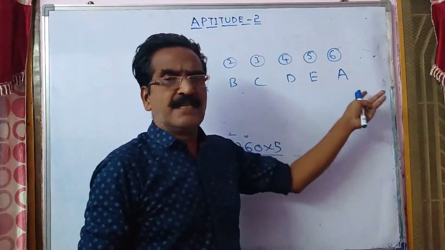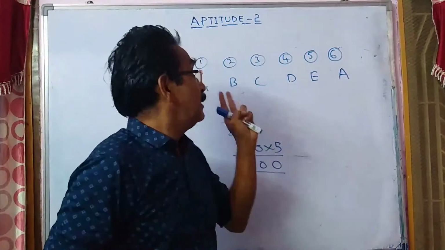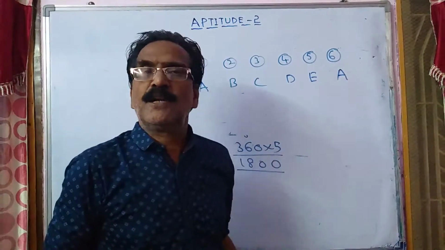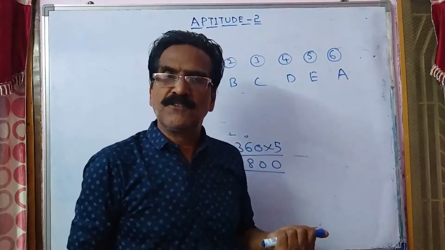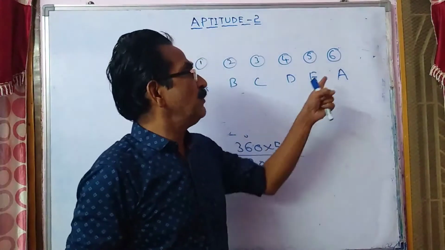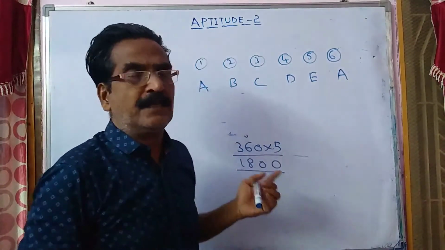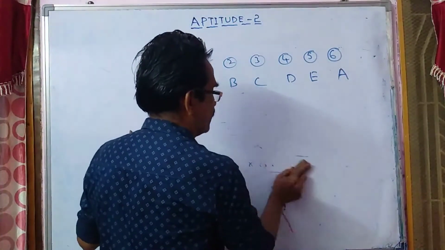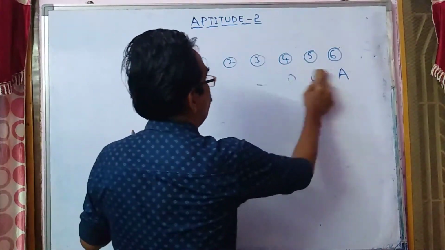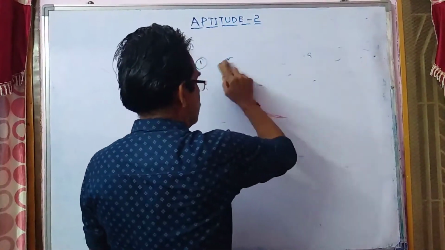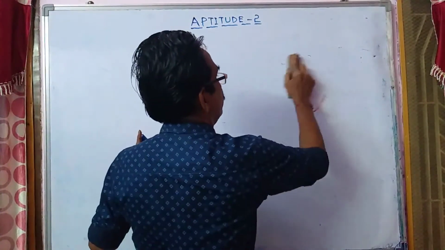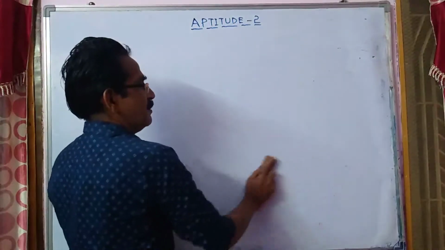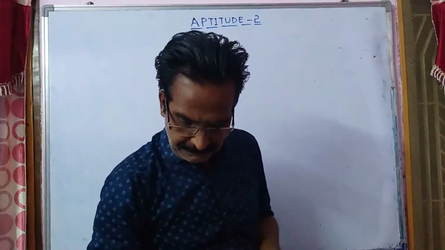In how many ways can 6 letters be arranged with one repetition? 6 factorial by 2 factorial, that thing we know. Into here the subject can be anything, so 5 subjects we can select in 5 ways. So into 5, total number of ways is 1800 is your answer. Okay, friends, important. Please watch carefully.